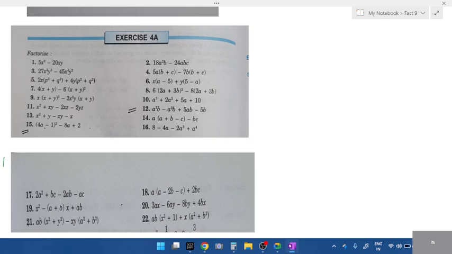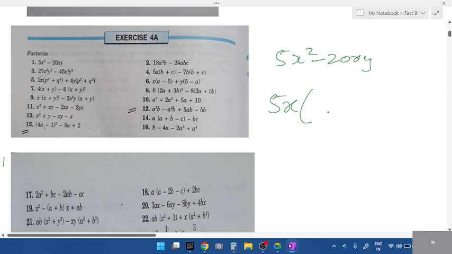How do you solve the first one, students? What is common? 5. What about alphabet? X square is given, X is given. Which one is small? X. What is the remainder? How do you all find the remainder?